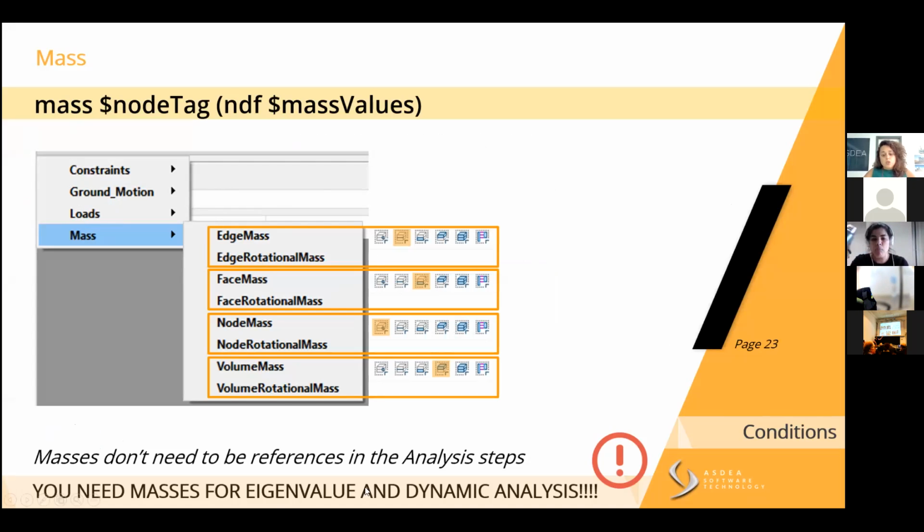You need masses to make eigenvalue and dynamic analysis. So weight and mass, load and mass are different concepts in OpenSees and STKO. If you do not distinguish them and create them, they will not be computed. So remember that you need to create masses, otherwise there's not going to be any inertia in your model.